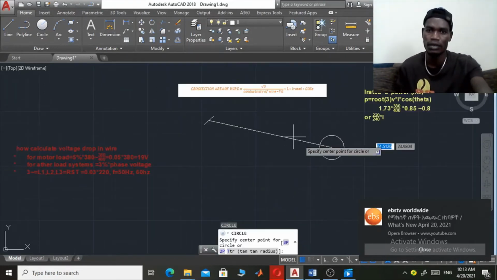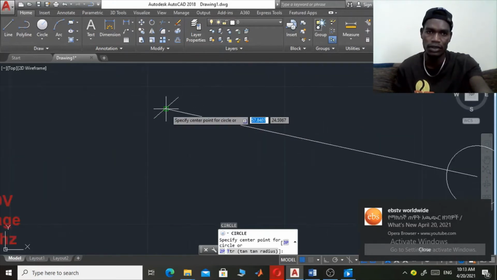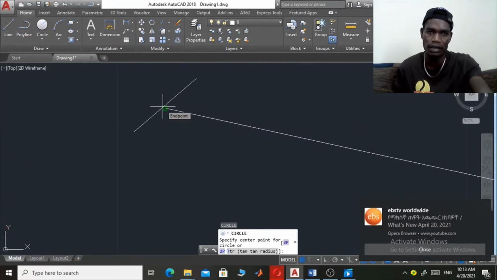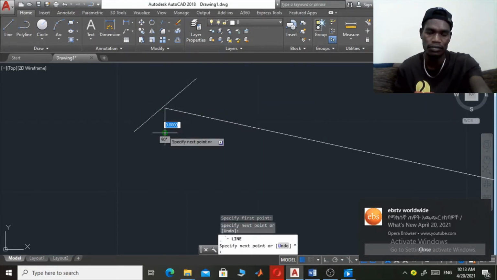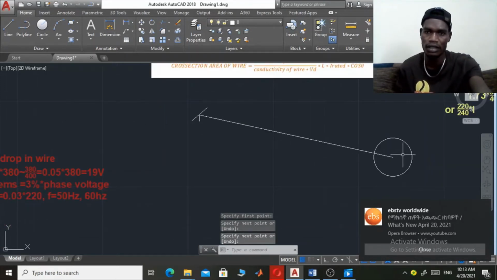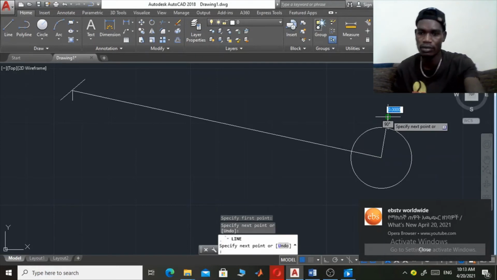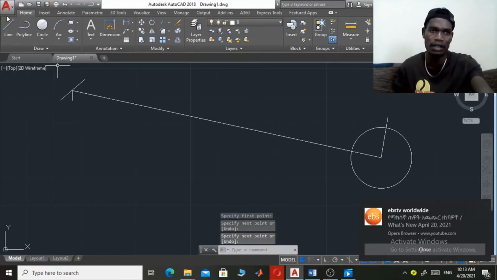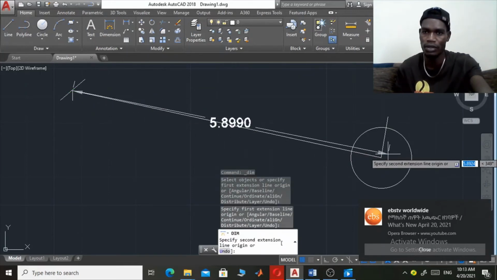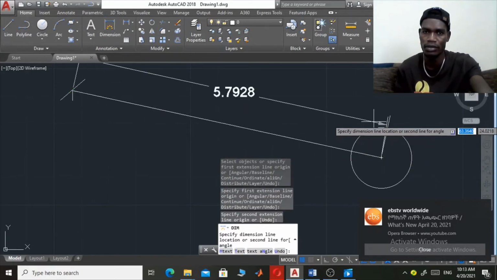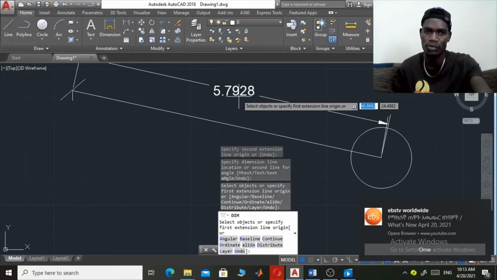So look, this is your load supply area. Let's say this is an initial point, and there is a final point. You have to measure the length from this point to this point, which is almost 5.7928 meters.